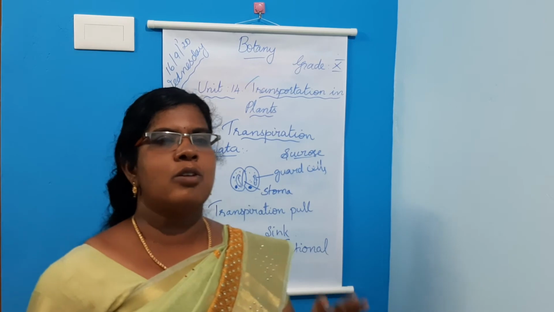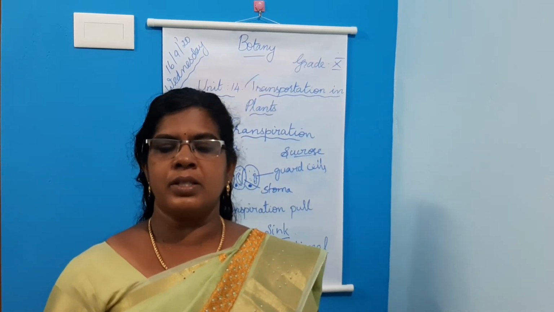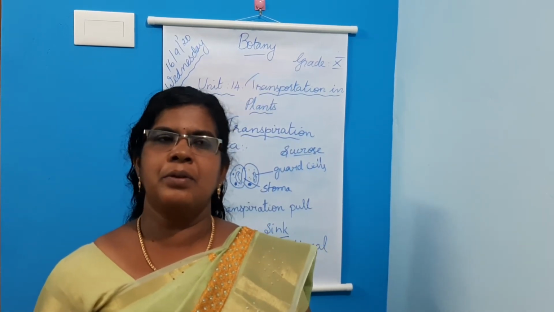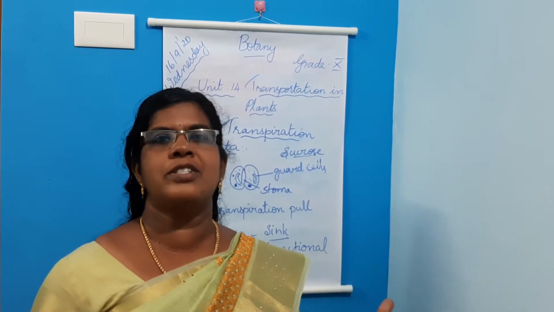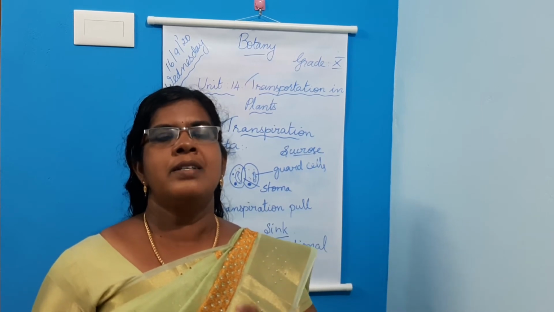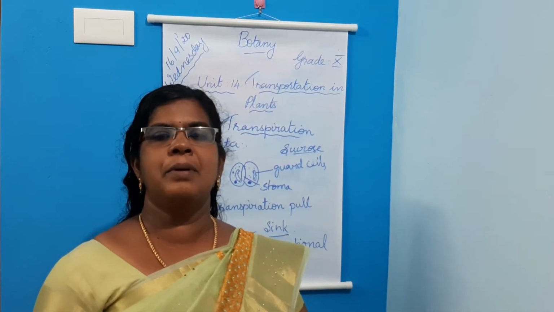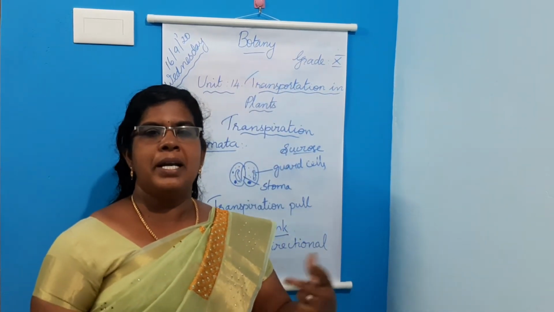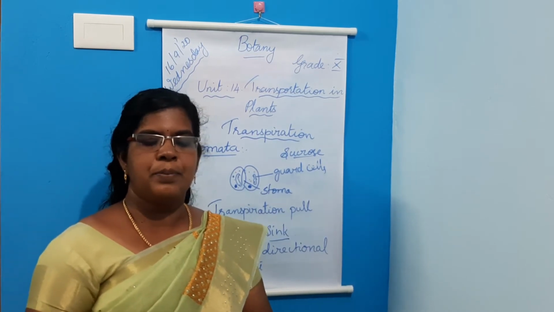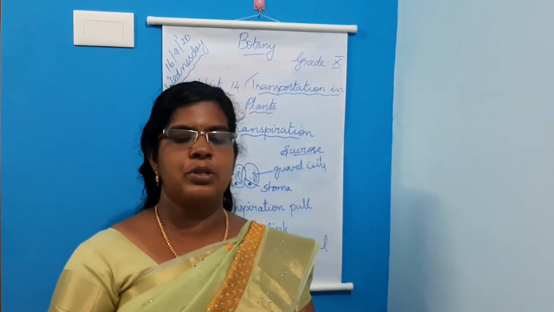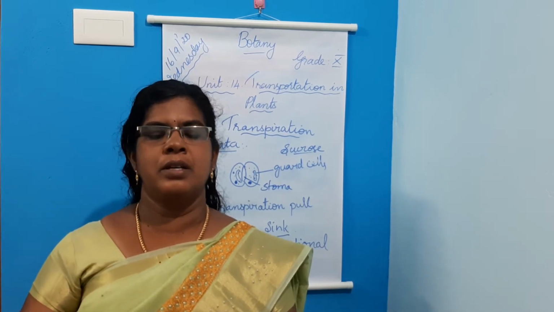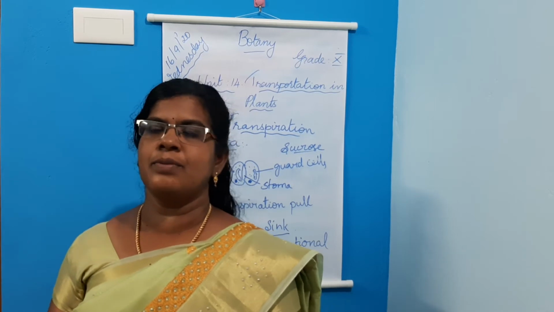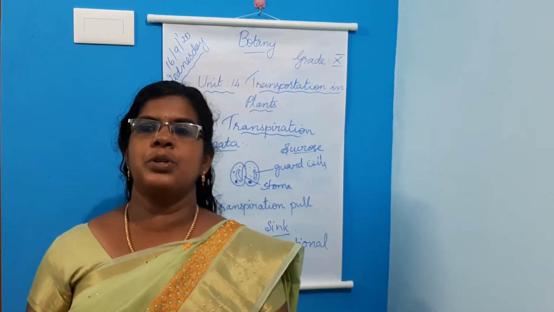So the concentration inside the phloem is high, it is hypertonic. So nearby xylem elements give water to the phloem by osmosis. Thus, osmotic pressure builds up and the phloem sap moves to areas of lower pressure. So by active transport, the sucrose moves into the cells where it is utilized and stored.